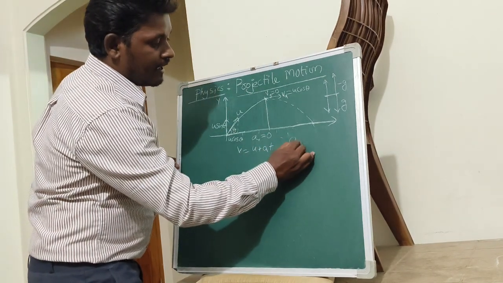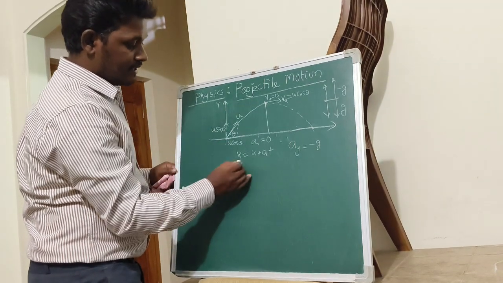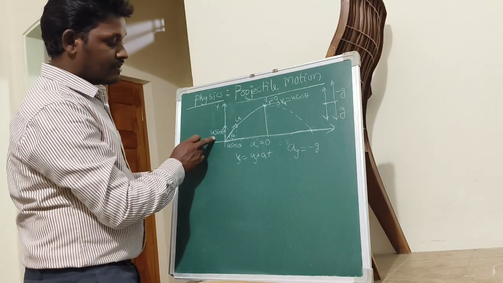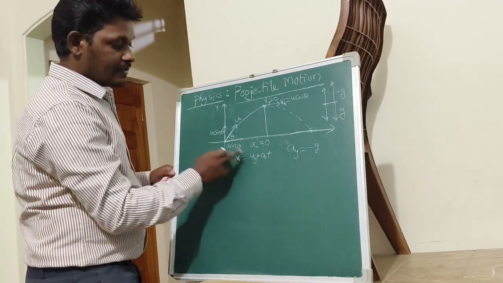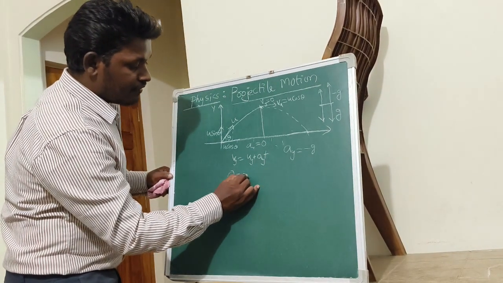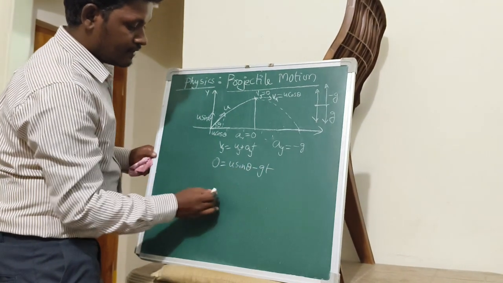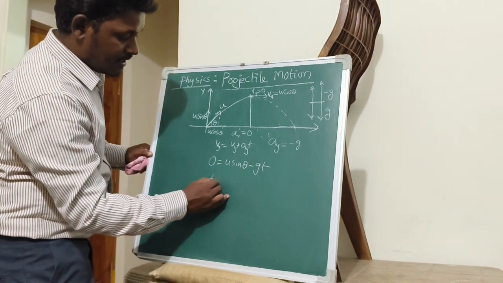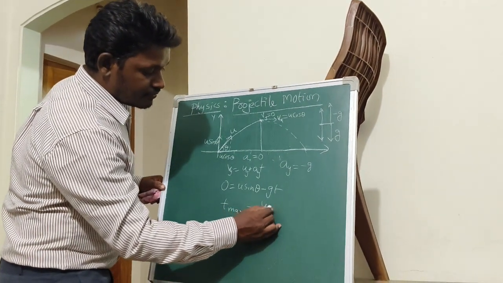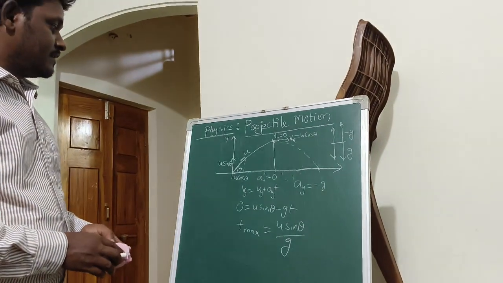Say the acceleration is minus g, the final velocity vy at maximum height is 0, the velocity uy along the y direction is u sin theta, and ay is minus g. Let us substitute that: 0 is u sin theta minus g t. From this can we write t max, the time taken to reach maximum height, is u sin theta by g, right?